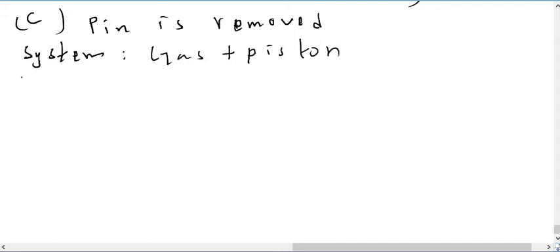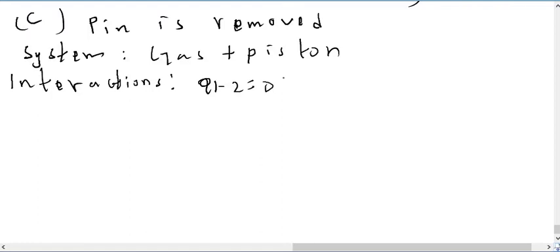So now what is the interaction? Our interaction, there will be no heat transfer since gas and piston are our system, and the copper is placed in an adiabatic membrane, so there will be no heat transfer to the copper.